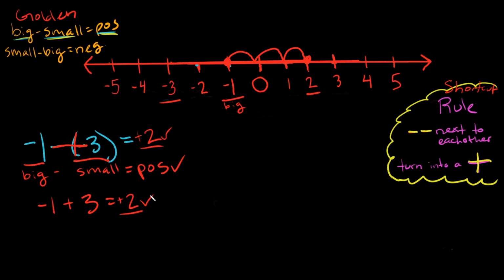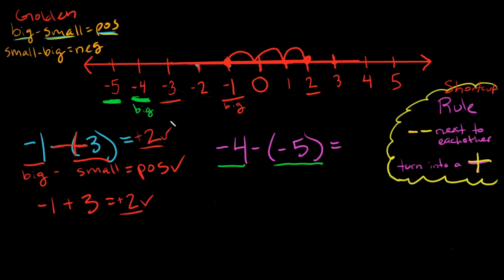Now, what if I gave you negative 4 minus negative 5? Okay, again, our golden rule says what? We got to compare these two numbers, right? So we got negative 4, negative 5. Which one's bigger?